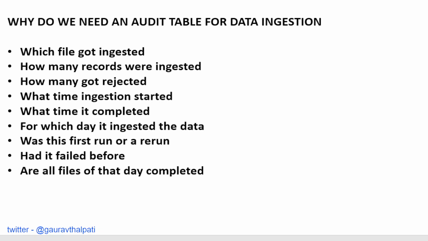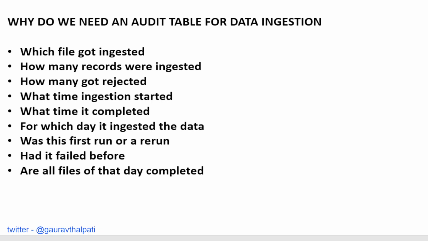So yes, start time, end time, what time it completed, and for which day the data has been ingested. So far we were just talking about the same day. Now imagine this is a daily process. In a day you're running it 24 times, and it's a daily process, and it may be running only on business days. It should not run on a weekend.